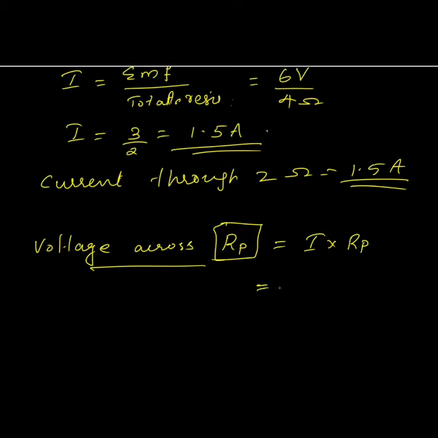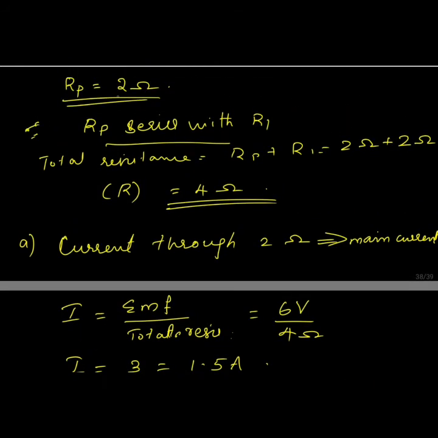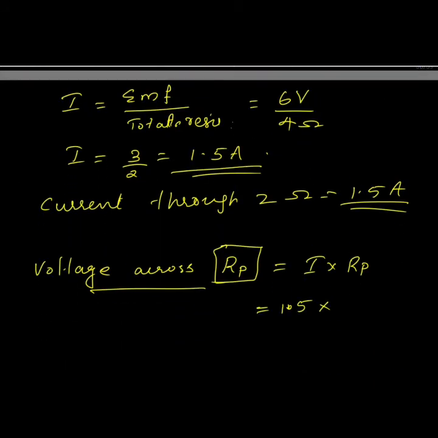Current, you know it is 1.5, and RP we got earlier as 2 ohm. So put the value 2 ohm. So you get voltage across RP is equal to 3 volt.